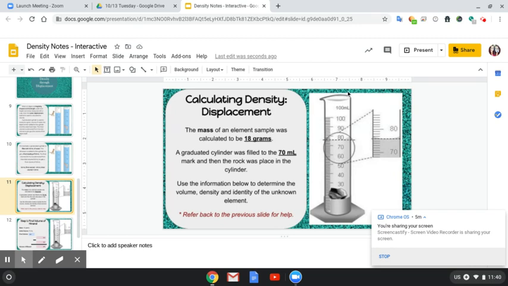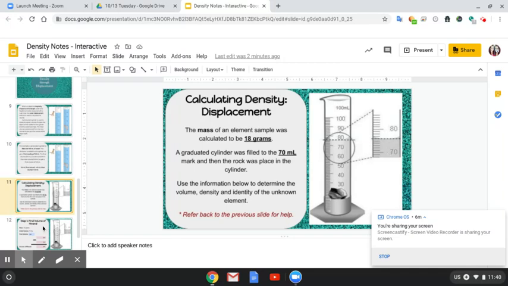So the mass of an element sample was calculated to be 18 grams. So there's our mass. A graduated cylinder was filled to the 70 milliliter mark, and then the rock was placed in the cylinder. So using the information below, determine the volume, density, and identity of the unknown element.